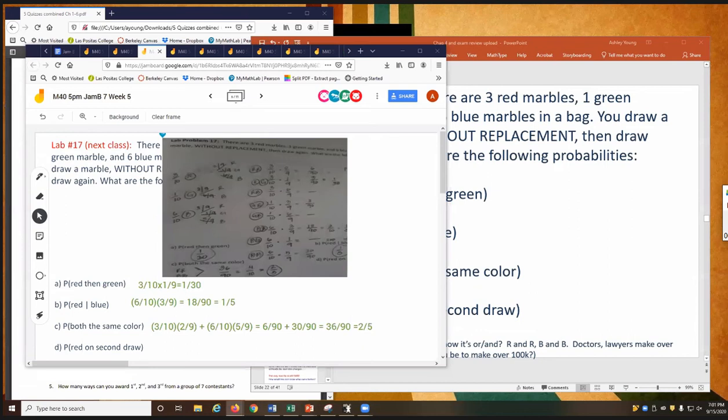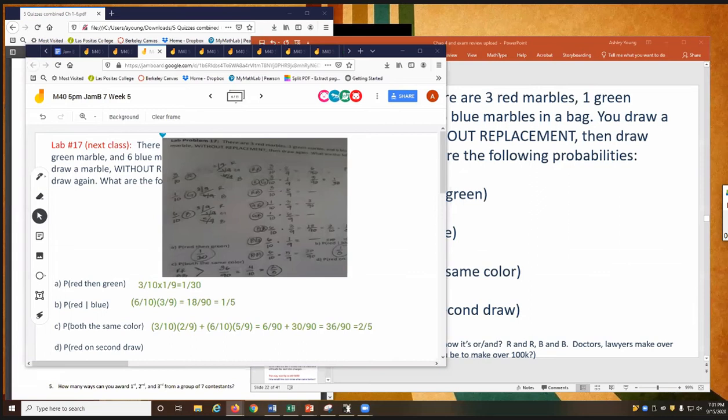Questions about this? Given blue, you know you are here. You're given information, and from here you just find the probability. Probability of red, straight up, is just 3/9. That's it. Super simple. Don't make it harder than it is. It's very, very straightforward. It's not as complicated as it sounds, right?